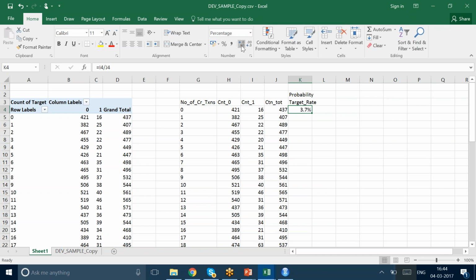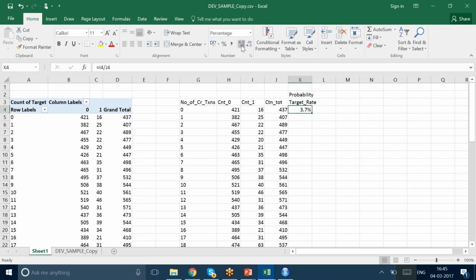When we model for an event which is responders, I want to compute what is my response rate. The customers who convert are marked as 1. The customers who don't convert are marked as 0. The data is about a campaign done by a bank to sell personal loans. Some of them took, some of them did not take. Those who took are marked as 1. Those who did not take are marked as 0.